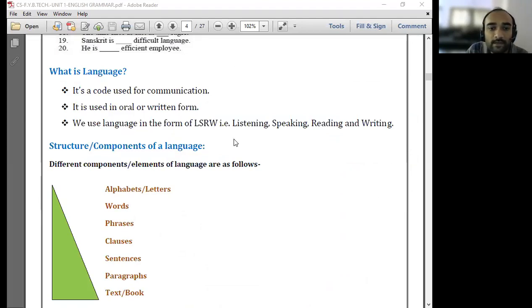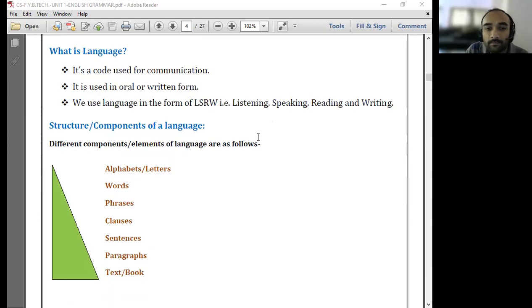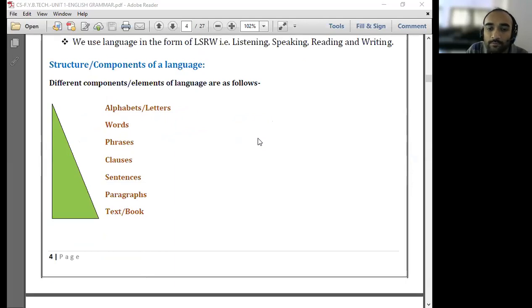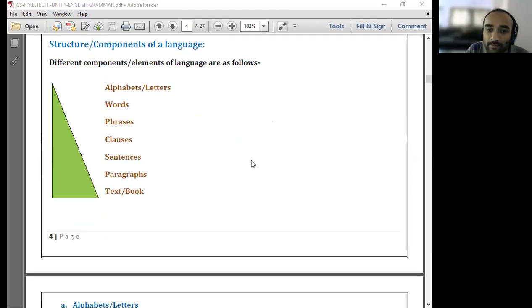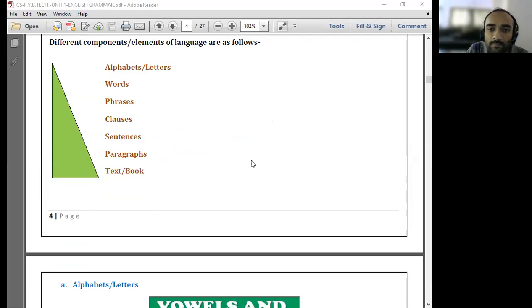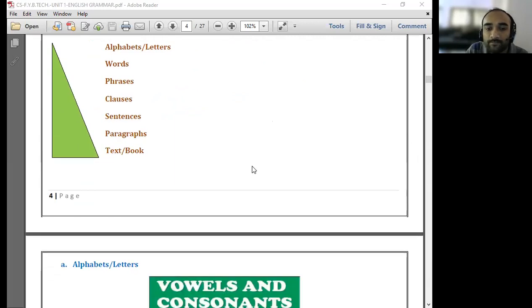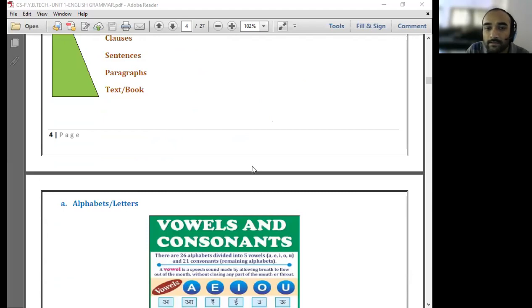we have started with the parts of speech. Before that, we have studied what language is and how language is formed. That is formed with the alphabets, letters, words, phrases, clauses, sentences, paragraphs, and textbook. Last is the textbook.